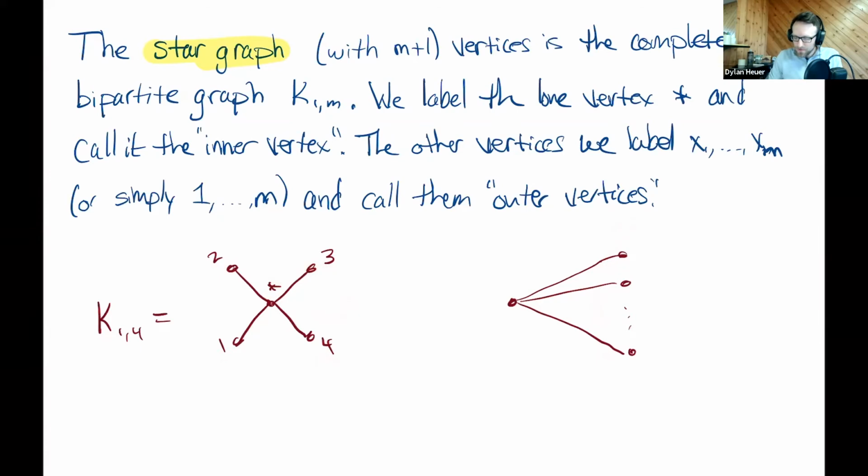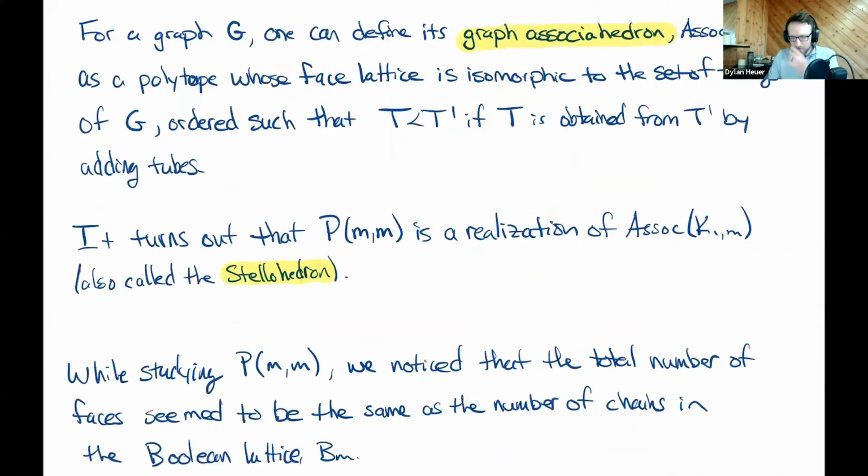And so why are we caring about these tubes? Well, it turns out for any graph G, you can define its graph associahedron to be a polytope whose face lattice is isomorphic to the set of tubings, with some order, which we don't really need to get into for this short talk.